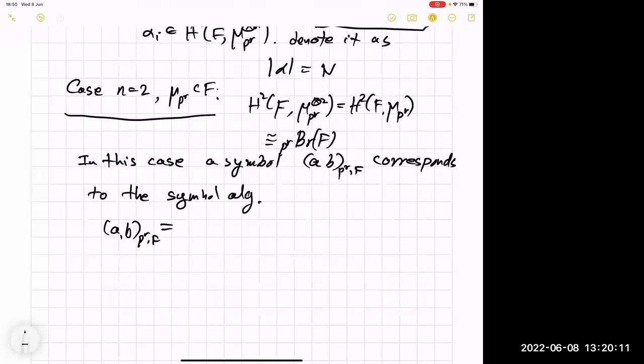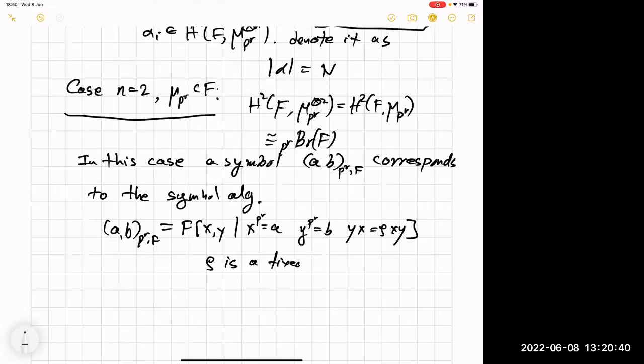And just to show you that this is actually an algebra, I'm going to write down what it is. It's just F adjoined with two indeterminates, x and y, such that x^{p^r} is a, y^{p^r} is b, and yx is ρxy, where ρ is a fixed generator for the group of roots of unity of order p^r.